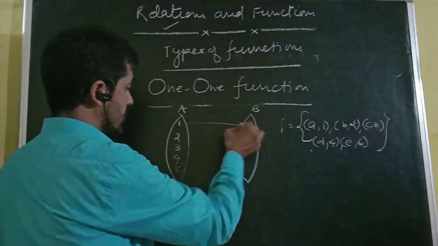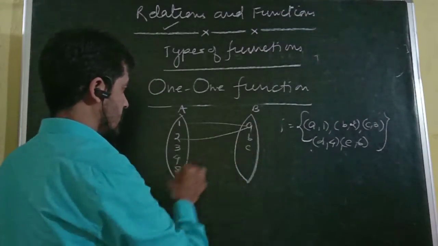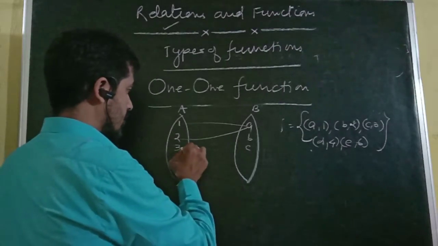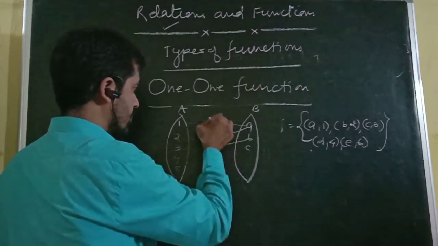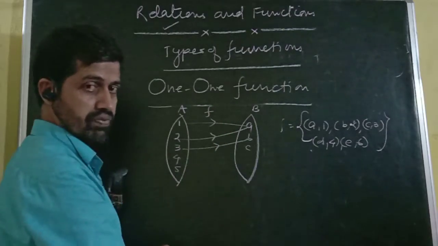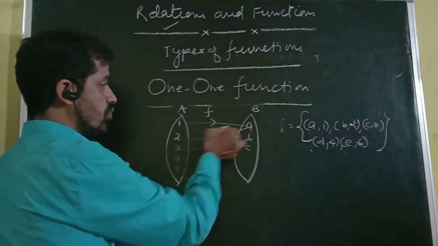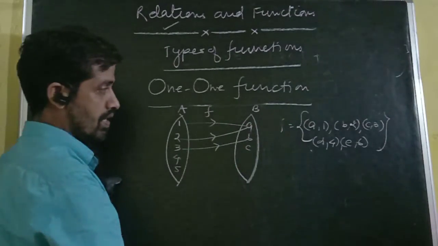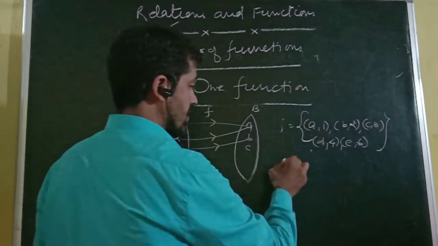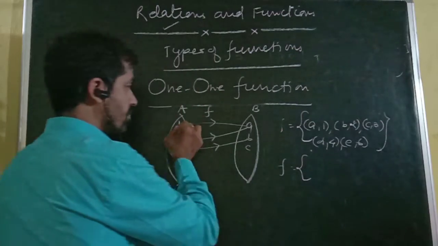Then 1 is related to A, 2 is related to A, and 3 is related to B. Function is defined. So this is many one because 1 and 2 both are related to A. And the same thing when we write down in the form of ordered pair, we get (1, a).